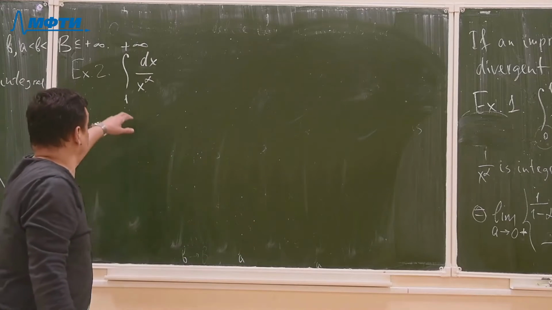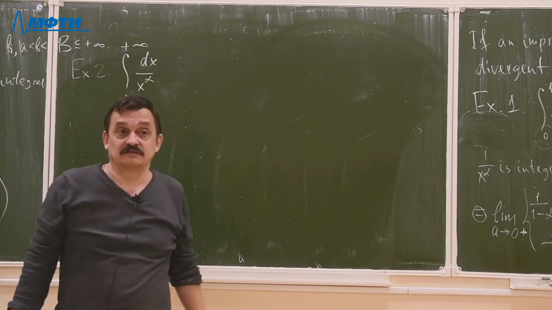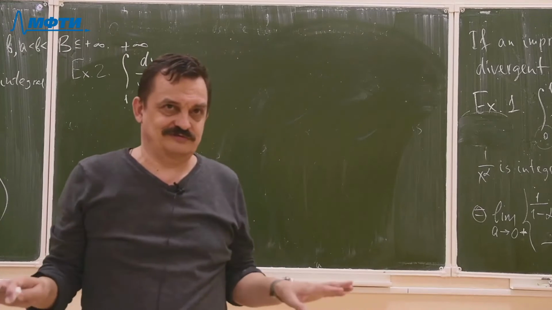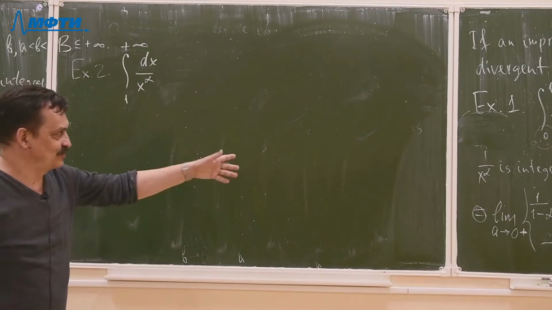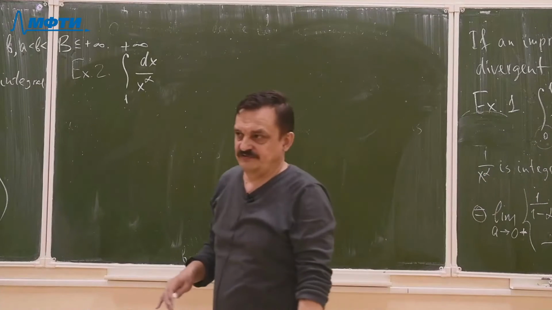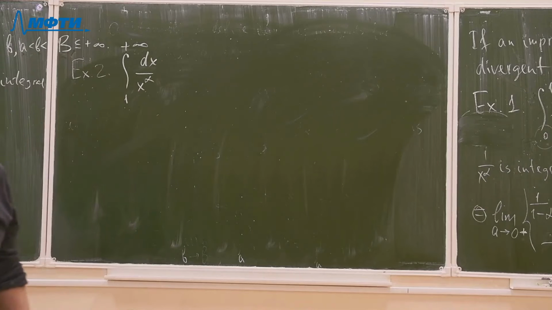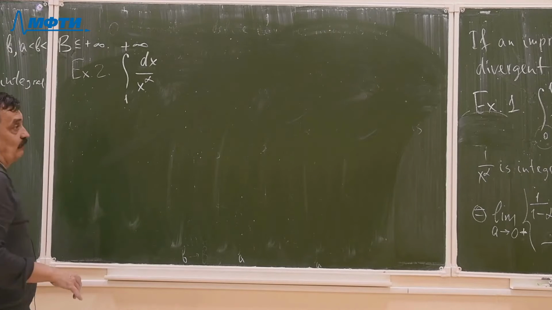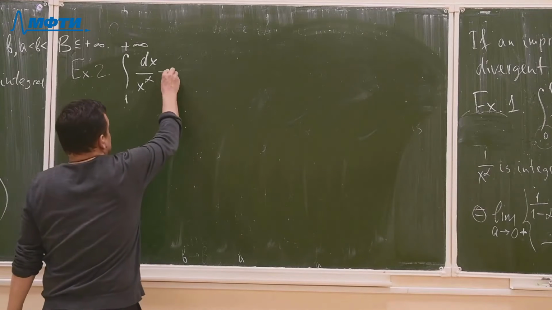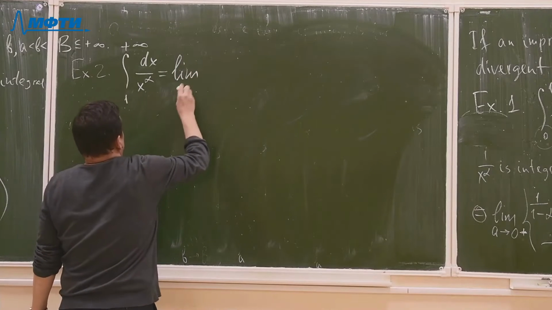Since now we have plus infinity, it will always be improper, right? For sure. No such possibility that it might be proper for some values of alpha, no. Once again, we proceed in a similar manner, right?